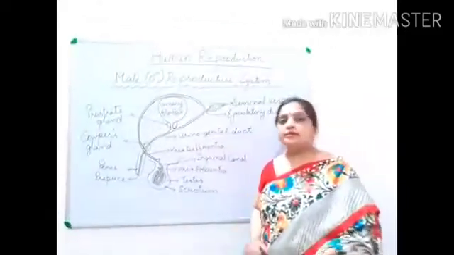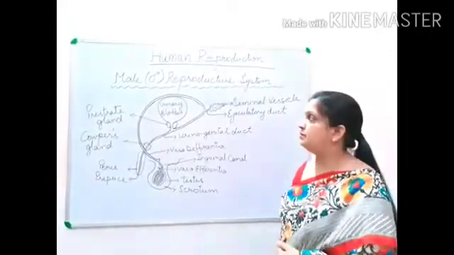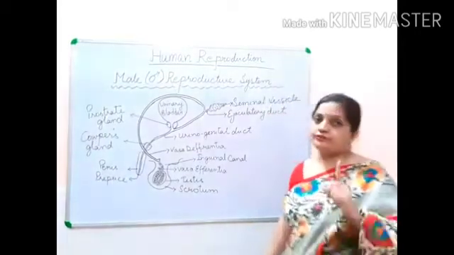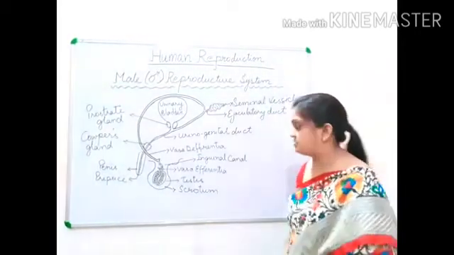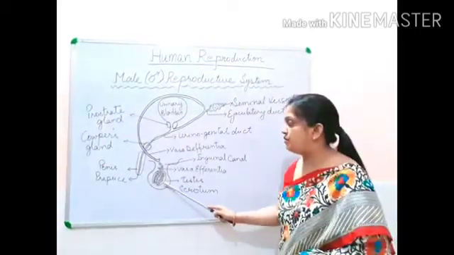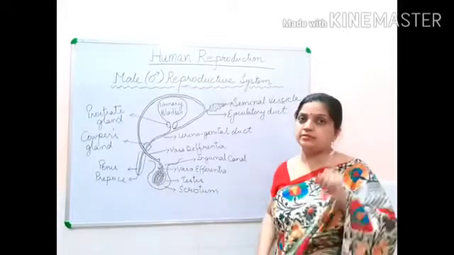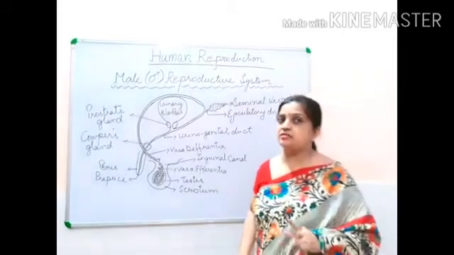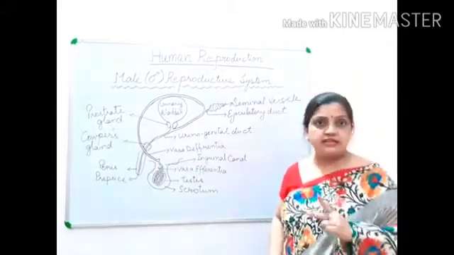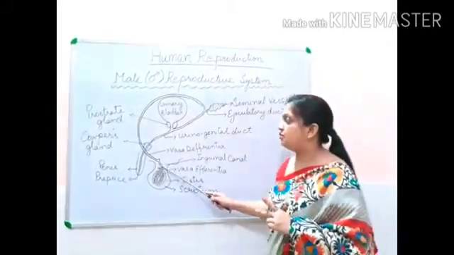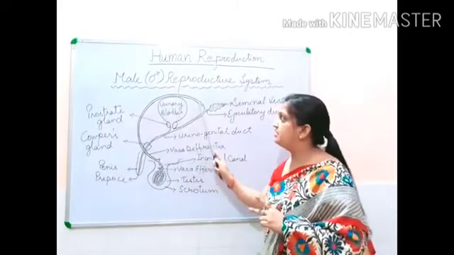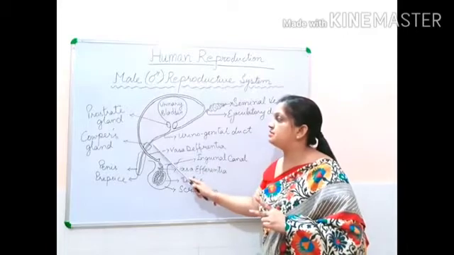In the male reproductive system, I was telling you that each and every part will be discussed in detail. So the first part was a pair of testes. You can see a pair of testes has been drawn here. This is the main important part. Second were the accessory reproductive parts. What are the accessory reproductive parts? They are your vasa efferentia, your vasa deferentia, and then your urinogenital duct.